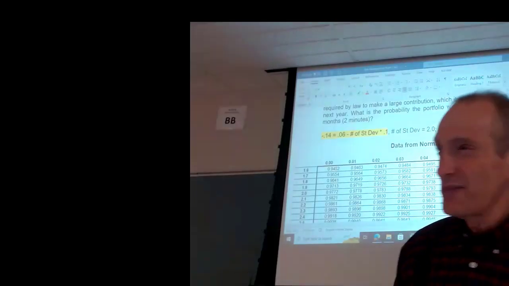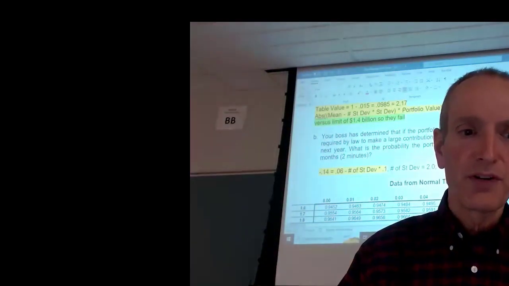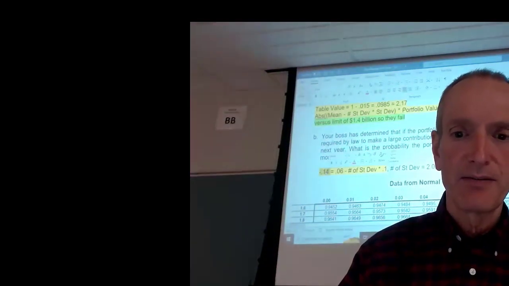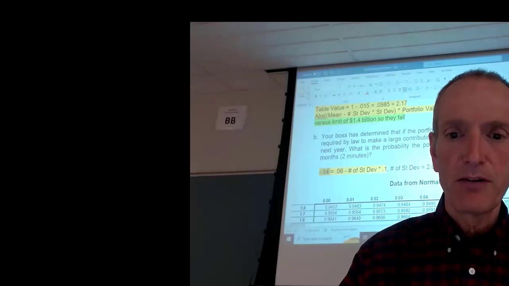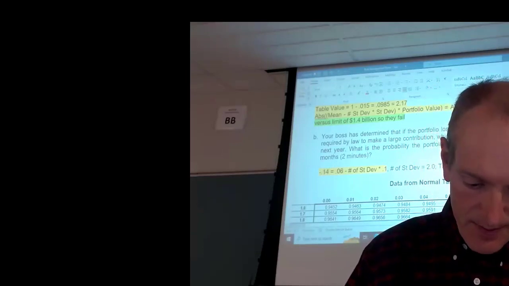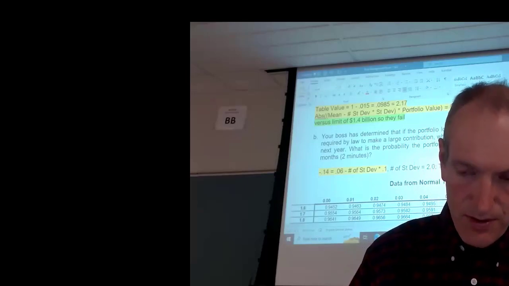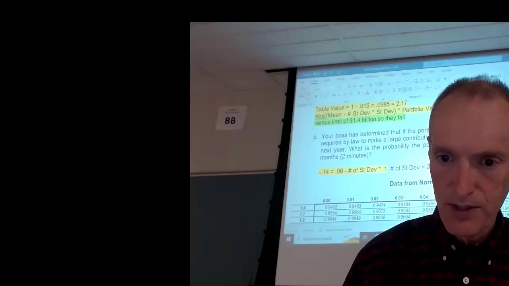So you got a 97.72% chance to do what? Lose no more than 14%. What are they asking? What is the probability it will lose 14% or more? So what is that? 1 minus 0.9772, or 2.28%.